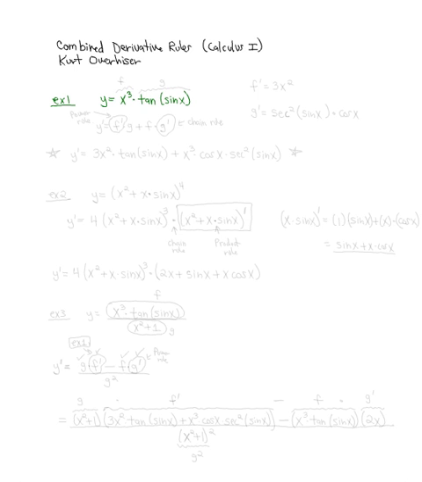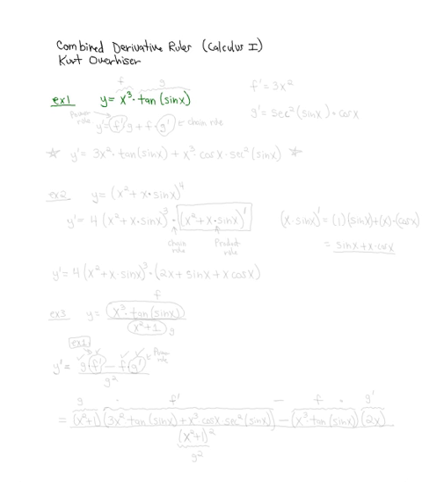So we know that we're using the chain rule because we use the chain rule when we compose one function with another. For example, we're putting the sine function inside of the tangent function. And also x cubed is a power, so we'll have to use the power rule.